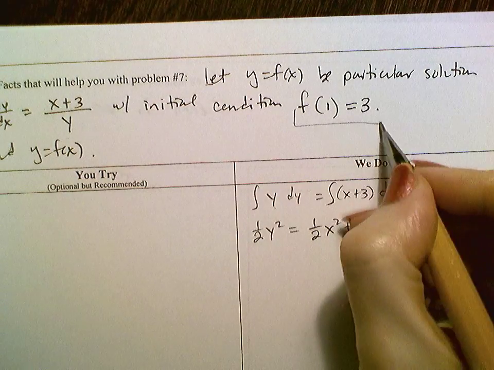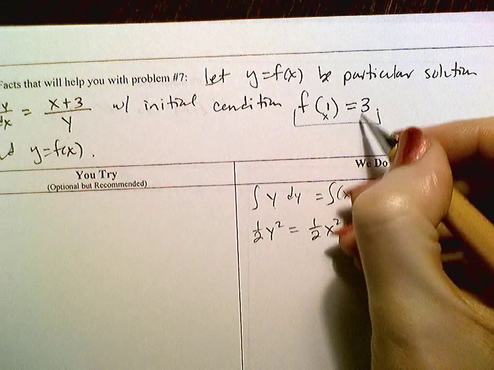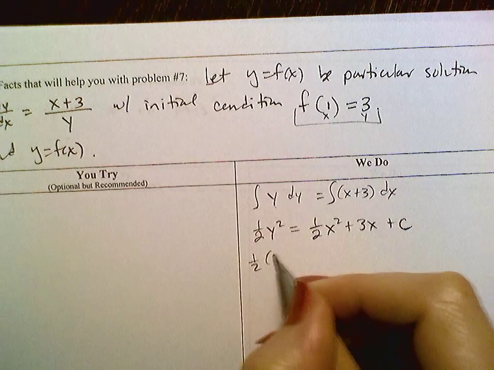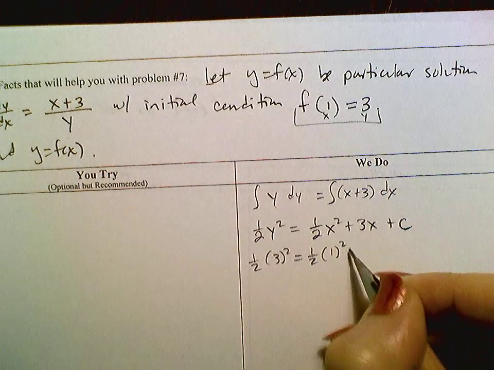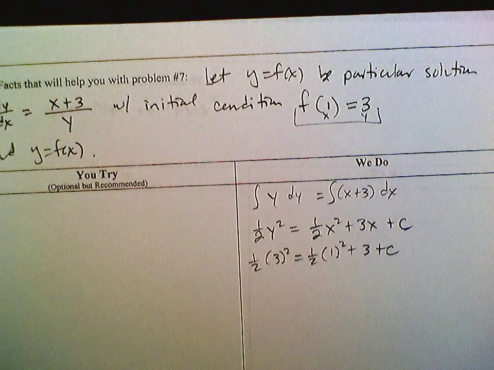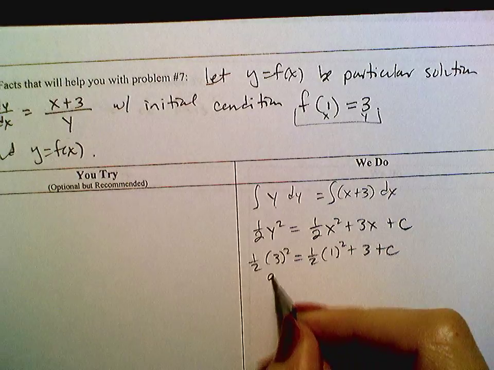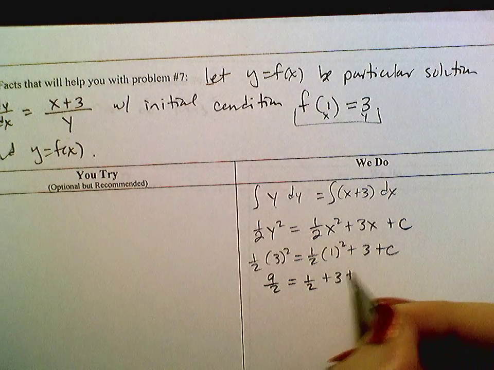All right, so we've got f of 1 equals 3. So that's the x value, that's the y value. That's our initial condition. So 1/2 times 3 squared equals 1/2 times 1 squared plus 3 plus c. So this is 9/2 equals 1/2 plus 3 plus c.